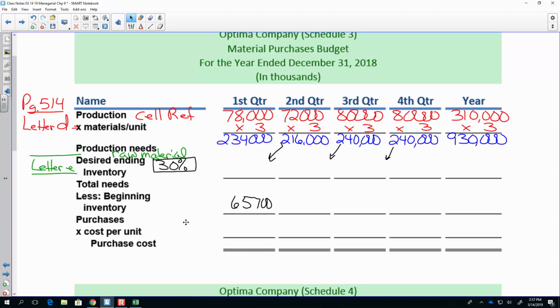So what number do I need here? 64,800. 72. 30% is what?